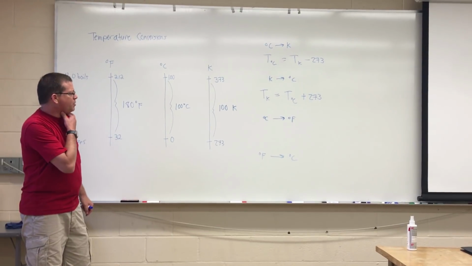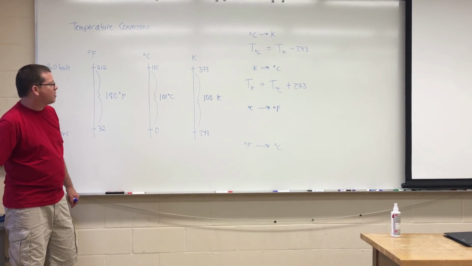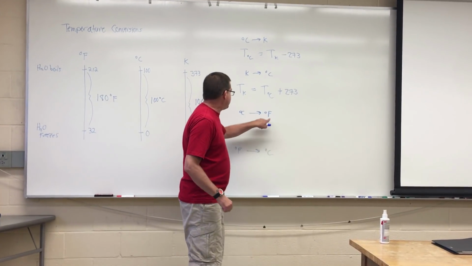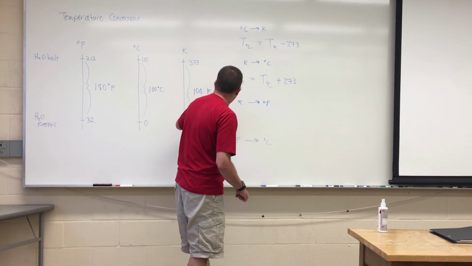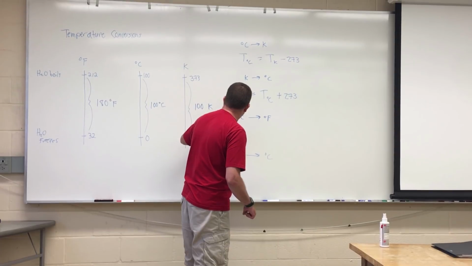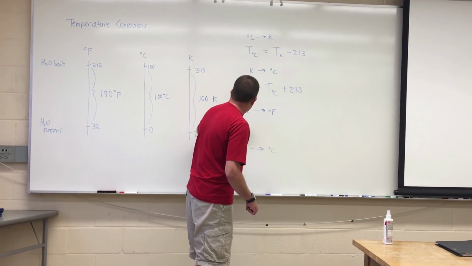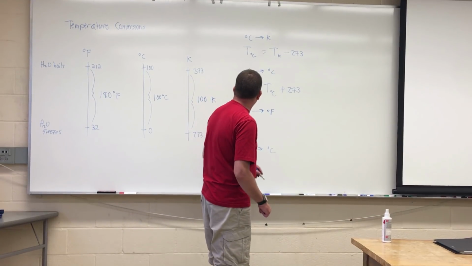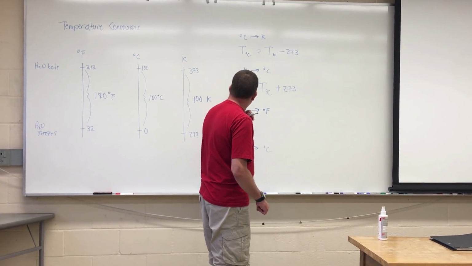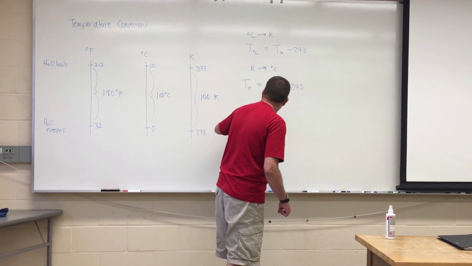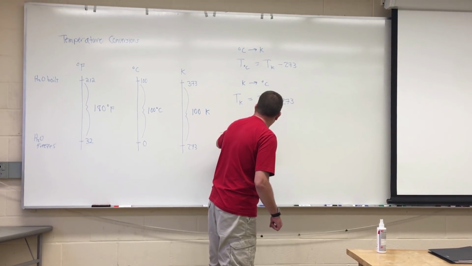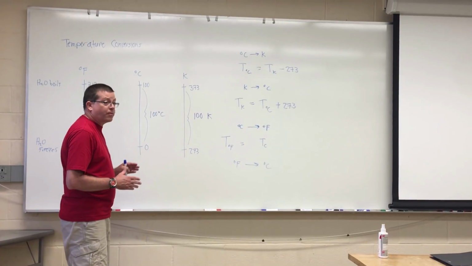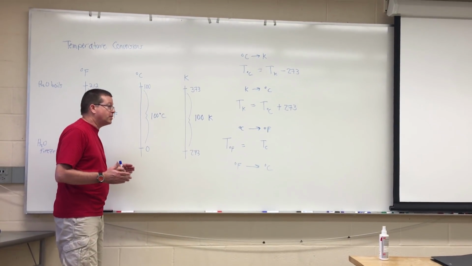So if I want to go between degrees Celsius and degrees Fahrenheit, how would I do it? In this particular case, let's go to degrees Fahrenheit. I want my temperature in degrees Fahrenheit, and I need to do that in terms of the Celsius degree. So I'm going to take the temperature in Celsius, but now I have to account for the difference in the magnitude of the degrees.